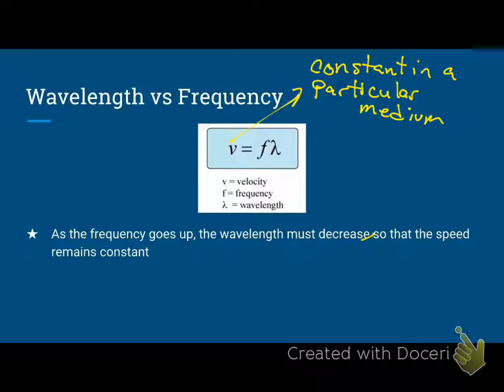So in a medium, if the frequency goes up, what's going to happen to the wavelength? With electromagnetic radiation, if our frequency goes up, in order for the velocity to stay the same, what has to happen to the wavelength? It has to go down, yeah. And vice versa. If the frequency goes down, the wavelength has to go up.